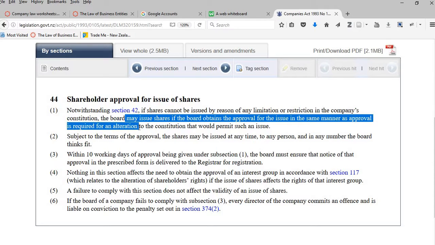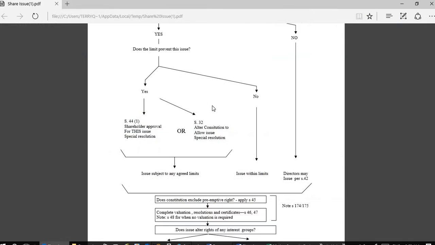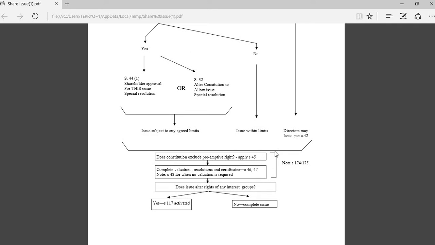In other words, a special resolution. So we go through that process, and now we can issue shares. And we may have made up new rules, or we may just have allowed it to happen. Now, once we've got through those issues, we have to follow a procedure that's necessary for issuing shares.